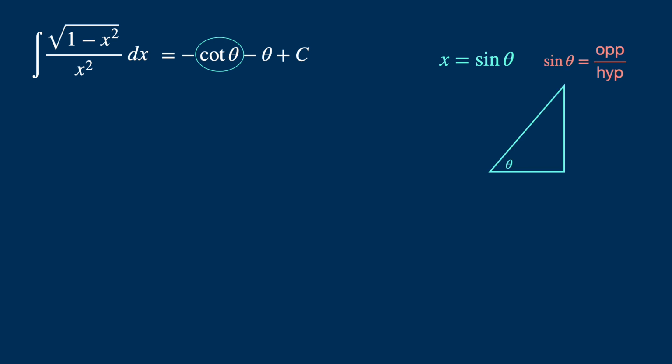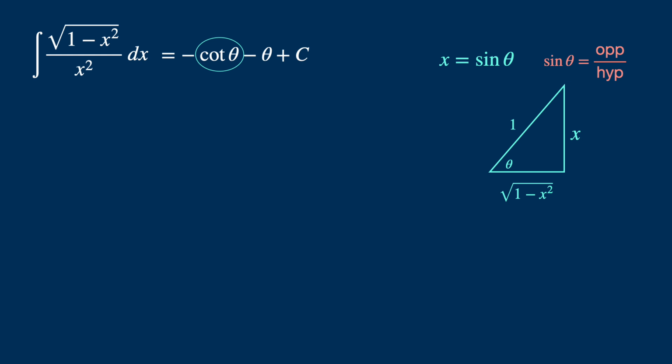So we draw the right triangle. Where should x be? x is gonna be opposite over hypotenuse. x is right there, and 1 is the hypotenuse. Now we need cotangent theta, so before we look for cotangent theta, we have to find the adjacent side. The adjacent is gonna be the square root of 1 minus x squared.